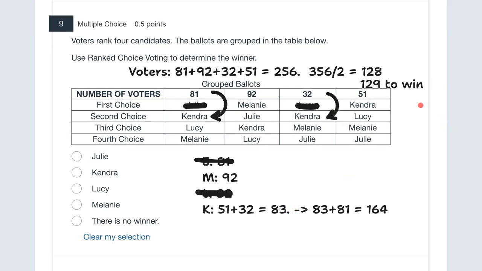And since she has eclipsed the 129, our winner is Kendra. So Melanie had more first place votes, but when Julie and Lucy were eliminated, Kendra benefited from being in second place.